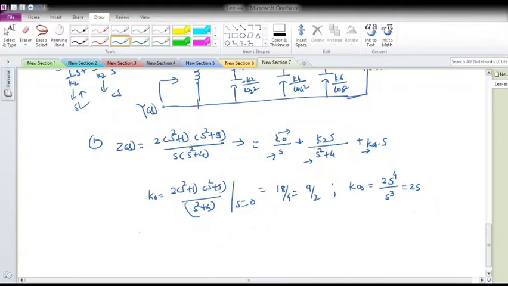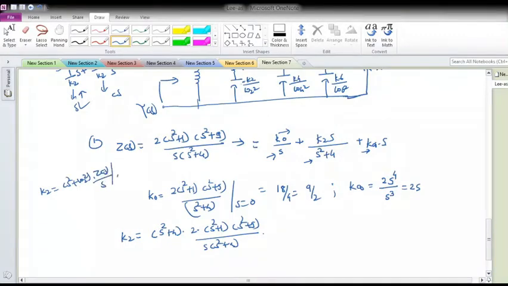Then next calculate the residue K2. So multiply this root, that is (s² + 4), with Z(s), that is 2(s² + 1)(s² + 9) over s(s² + 4). This is how to calculate K2 or K4: it will be (s² + ω2²) into the impedance divided by s, evaluated at s² equal to minus ω².